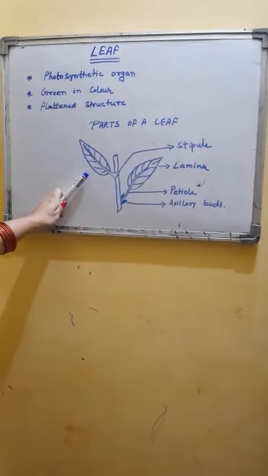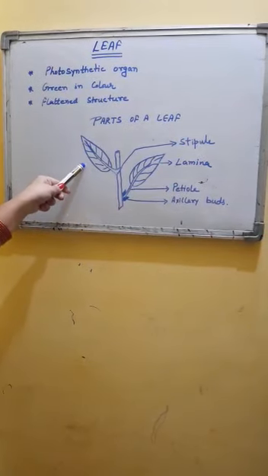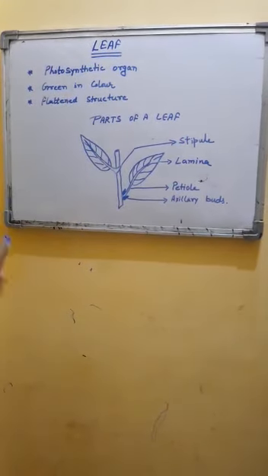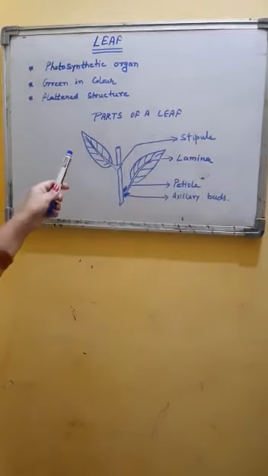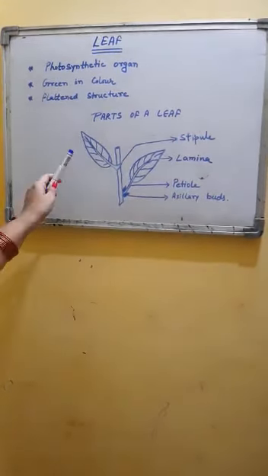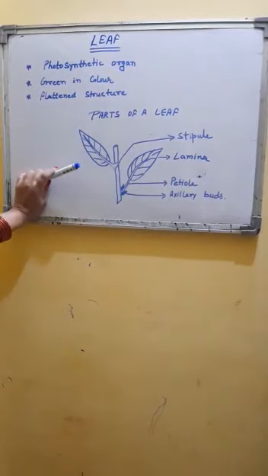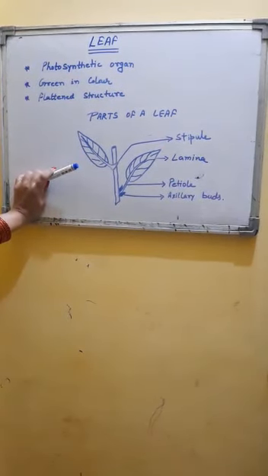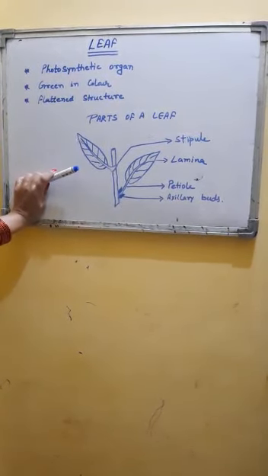So these veins form a network inside the leaf and provide it strength, keeping it in stretched condition so that all the stomata are open and it is getting adequate amount of gases and it is getting sunlight. Also, network of veins help in transport of various substances from and to the leaves.